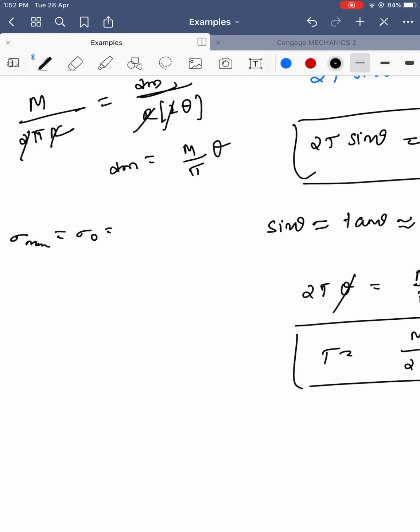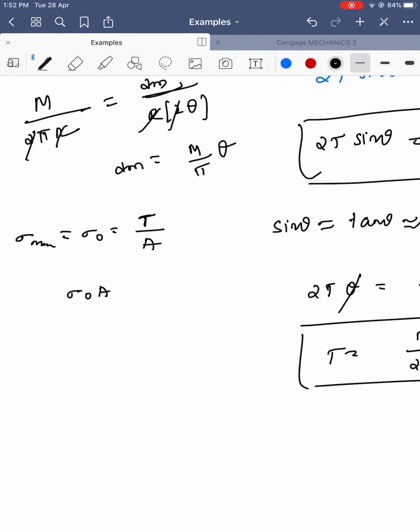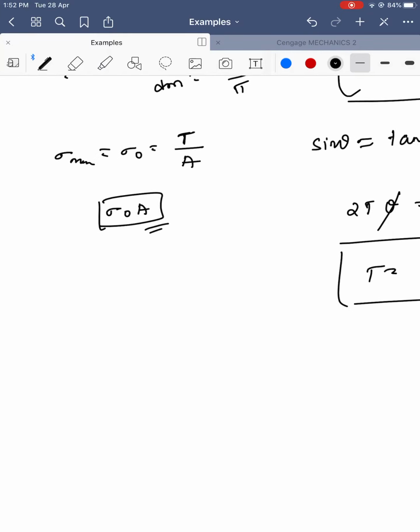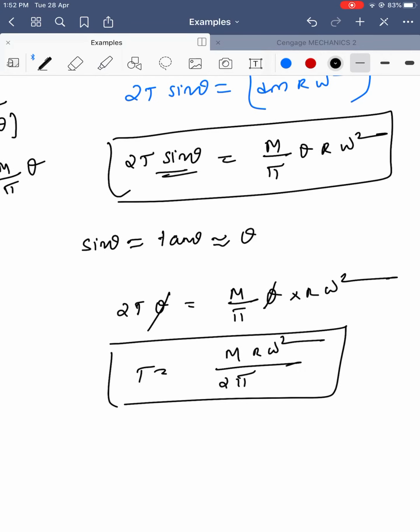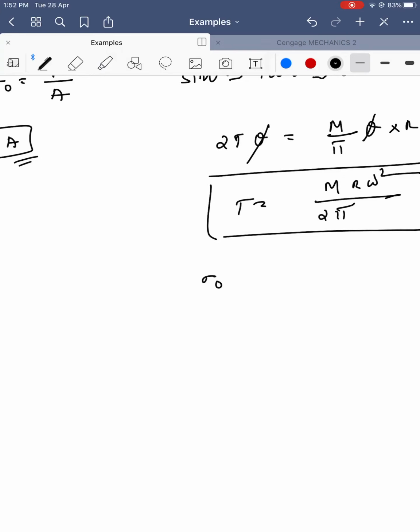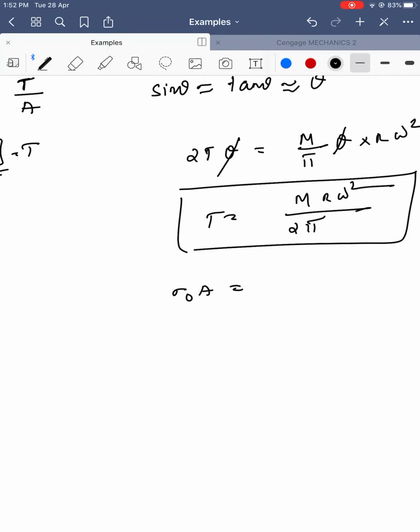Stress is tension by area, so sigma naught into A equals the tension, which is m r omega square by 2 pi.